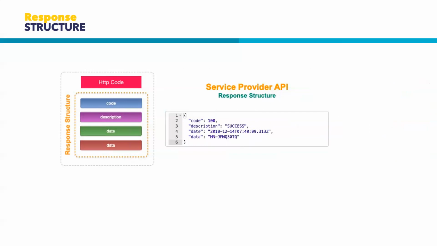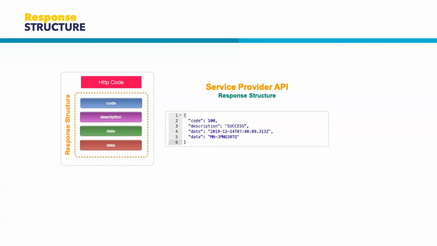When I send a request, it should respond with four basic elements: code, which is your response code, description, the date of the response, and data if there is corresponding data to return. But if you look at the architecture, on top of the response structure, it should give priority to the HTTP code as the top priority response code.